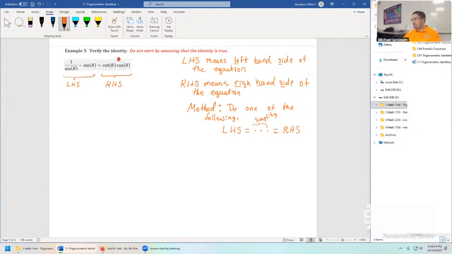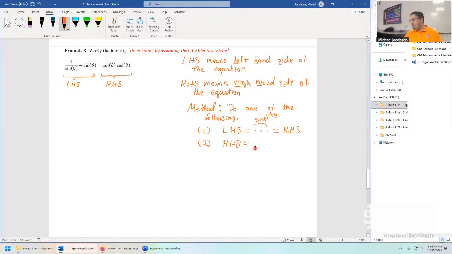So that's one method. Let's call that 1 for method 1. Another, method 2, would be to start at the opposite side. It might just so happen that beginning at the left-hand side is tough, or maybe it's just hard to see where to go. You might want to start on the right-hand side, maybe simplify that just right and things work out.